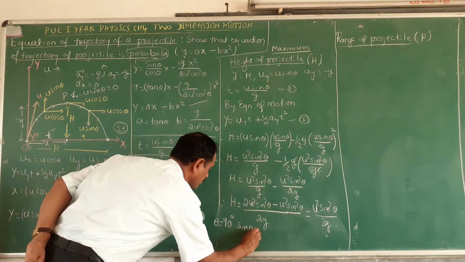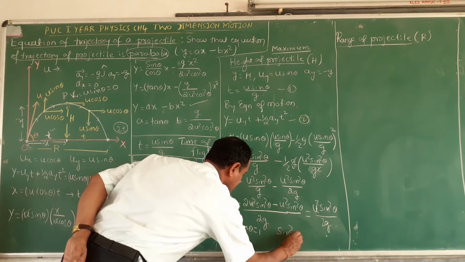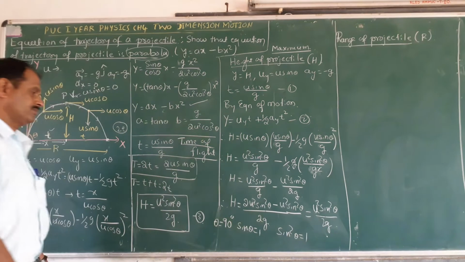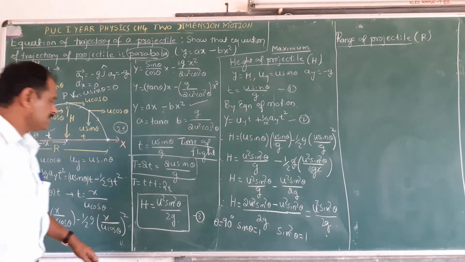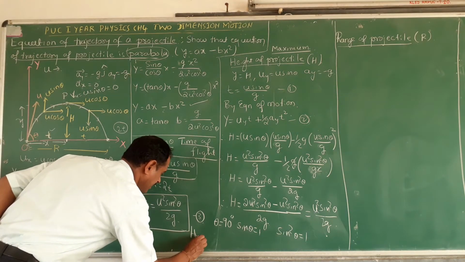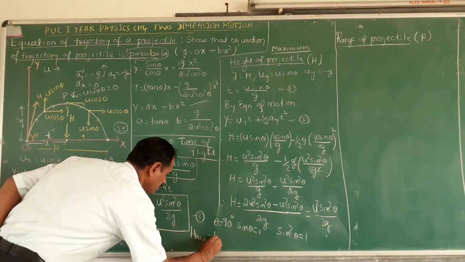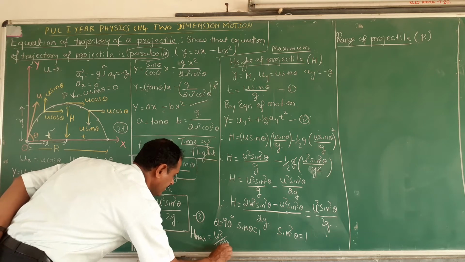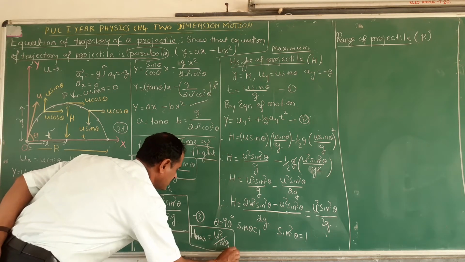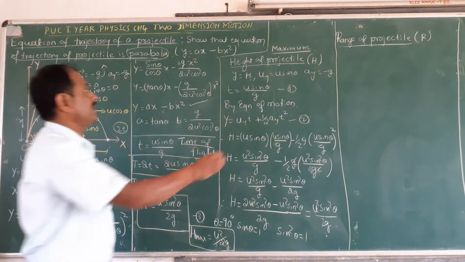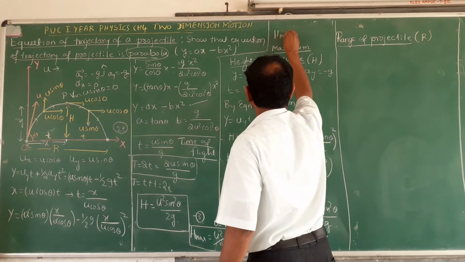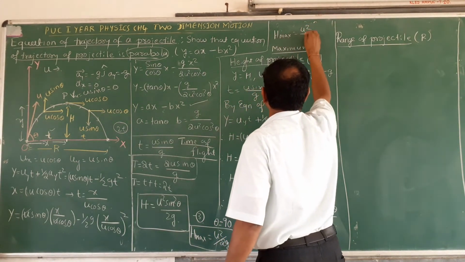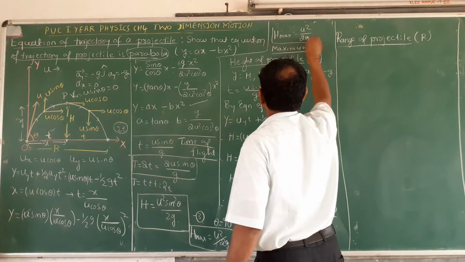Sin theta is equal to 1, sin square theta is equal to 1. What is the maximum height? H max is equal to u square upon 2g. This is the ultimate maximum height.